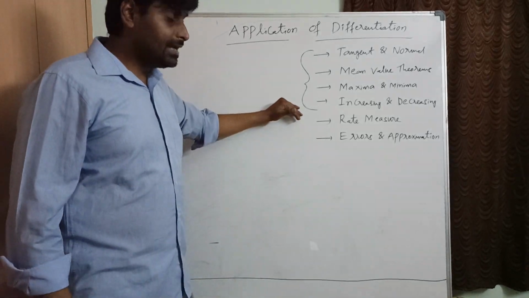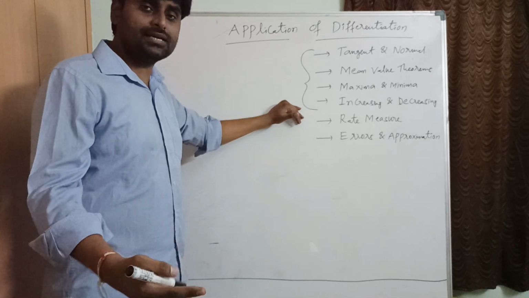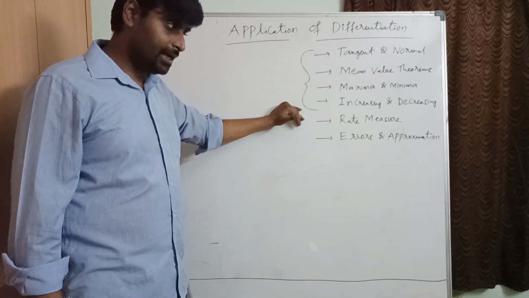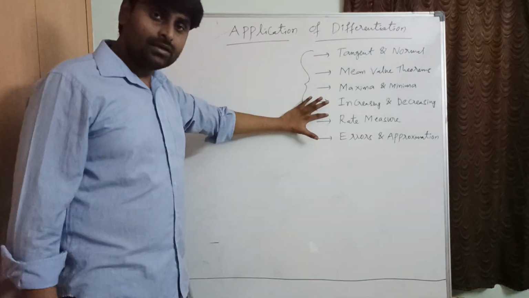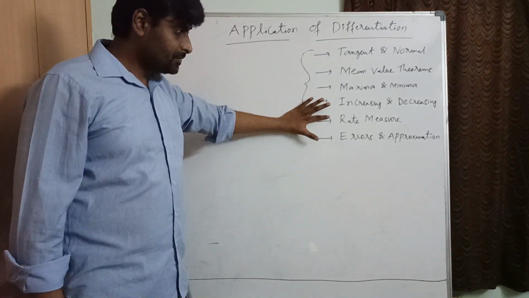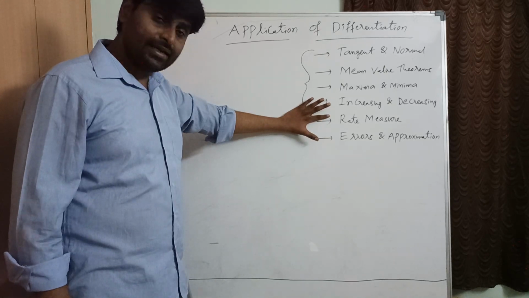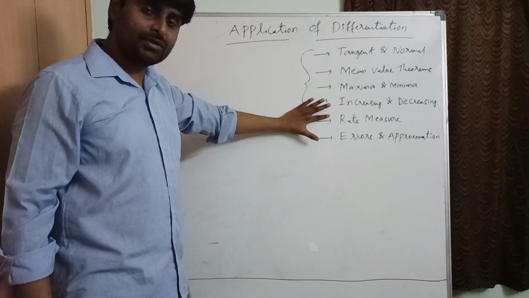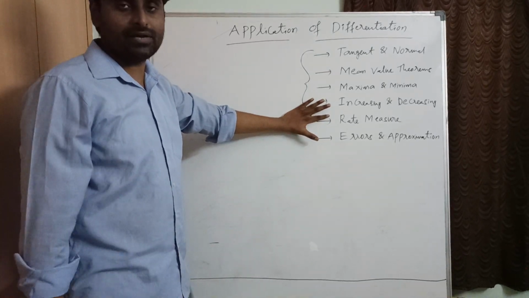What is the increasing rate of area, or of volume, with respect to the given dimensions, length? So we are going to find rate of change of one quantity with respect to change in another quantity.